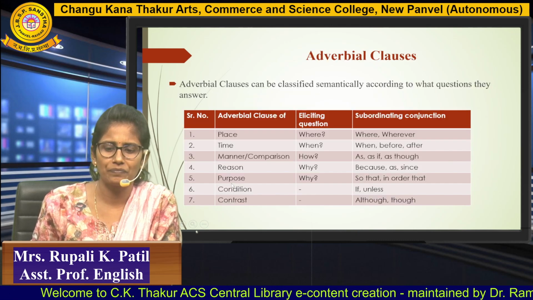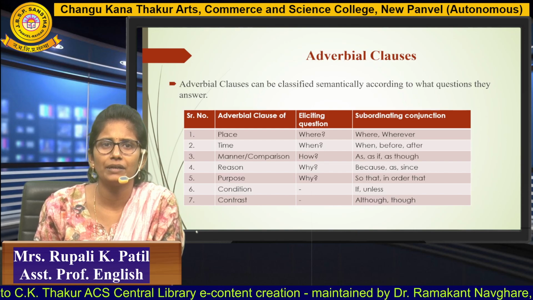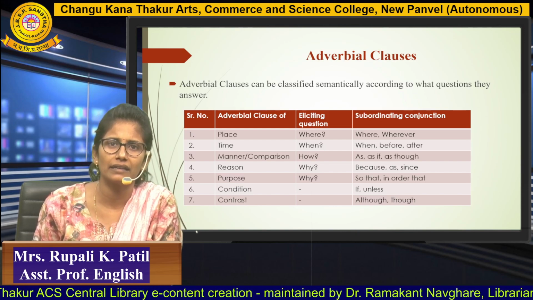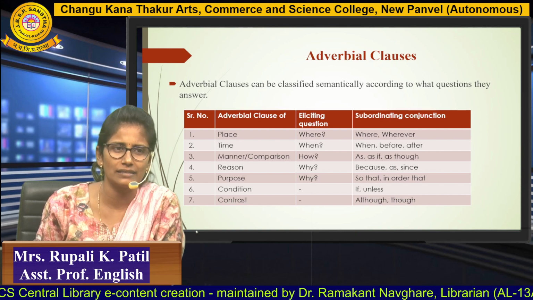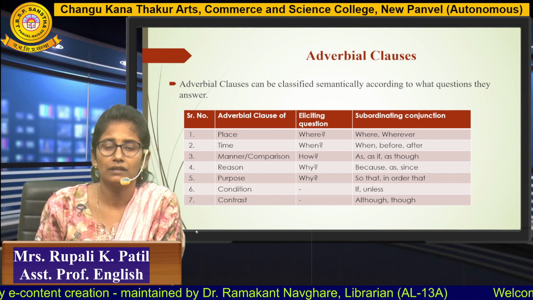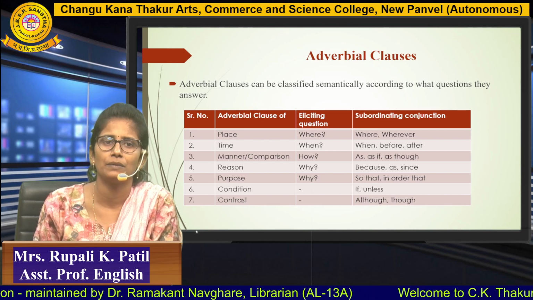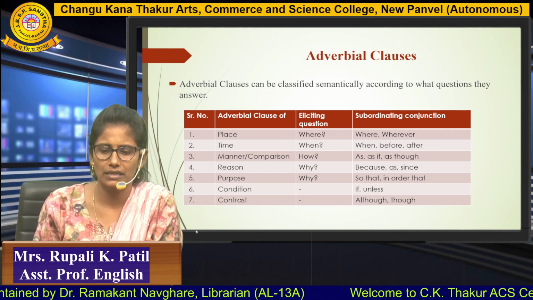The next type is adverbial clauses. Adverbial clauses can be classified semantically according to what question they answer. As you are aware of different types of adverbs, the words which convey time, place, manner, reason, purpose, condition or contrast.